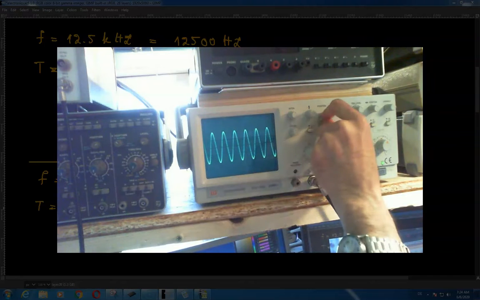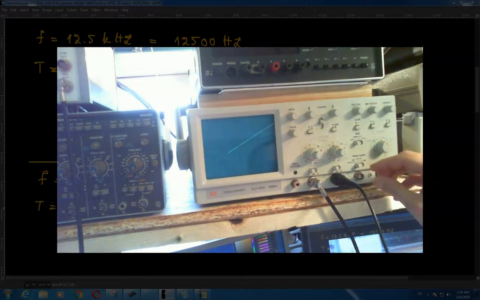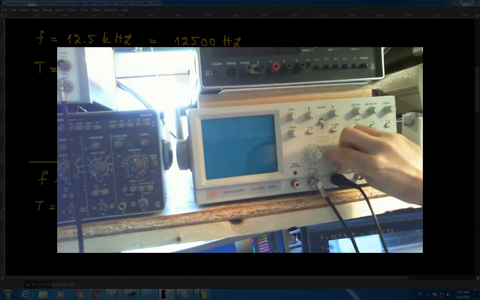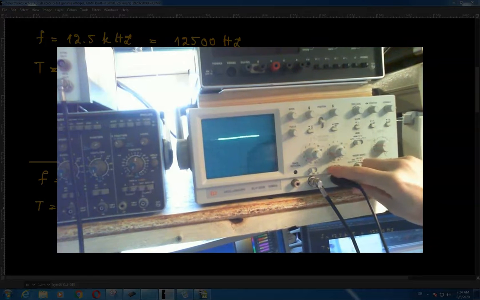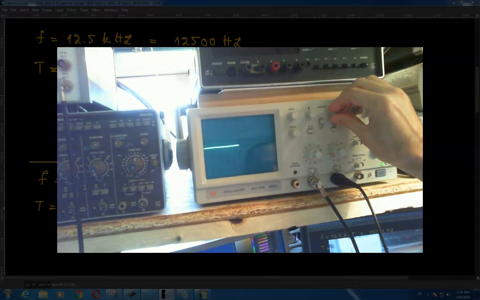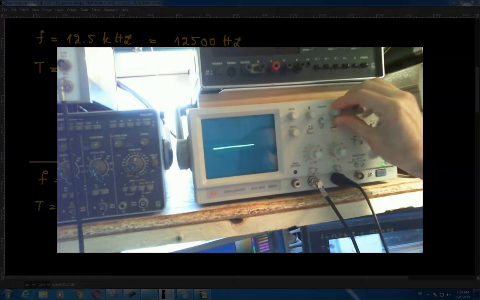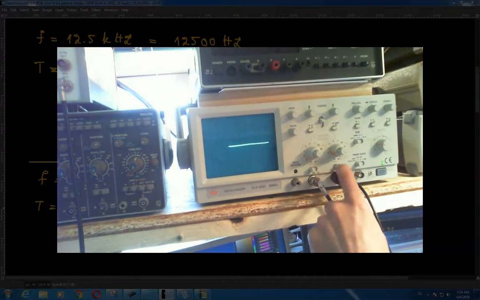I can set the mode to channel 2, and you'll see another wave over here. So if I set the voltage a little bit lower and change the frequency a little bit, I don't see really much here. Now this is set to ground.